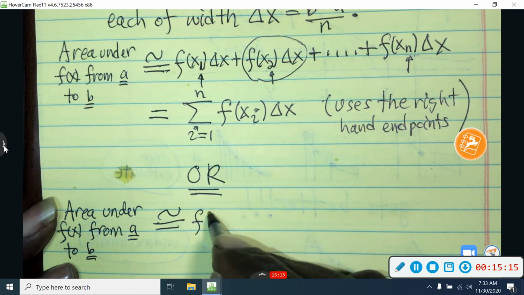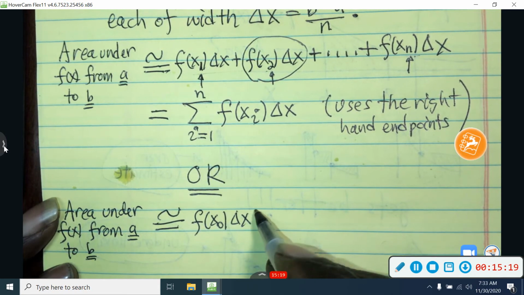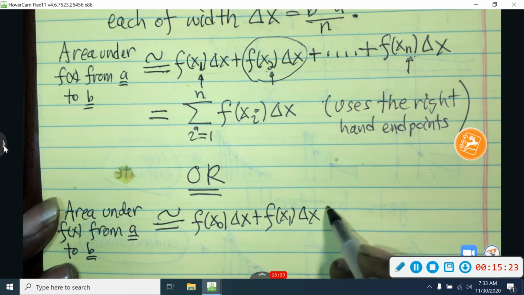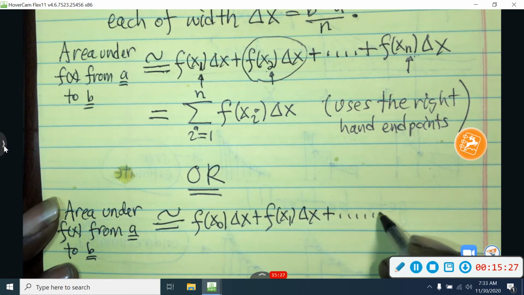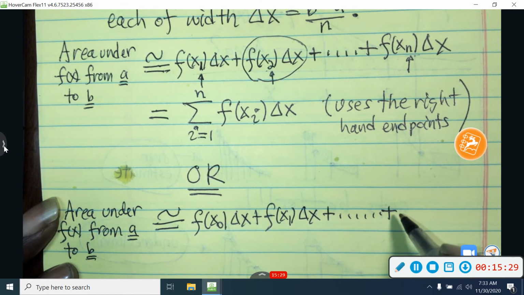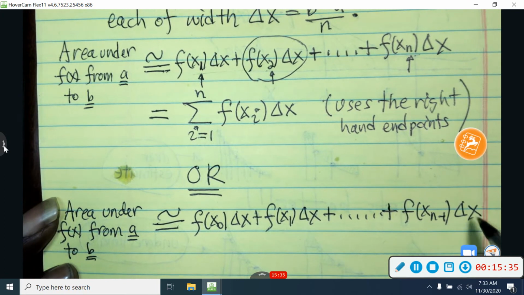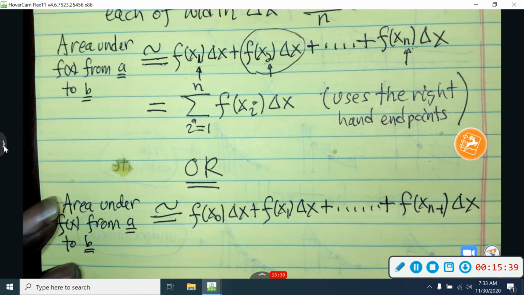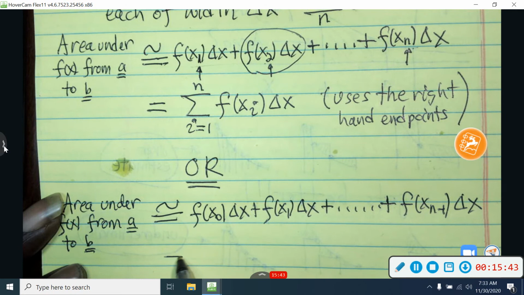So it'd be f of x0 times the change in x plus f of x1 times the change in x plus dot dot dot all the way till you get to the last one, which would be f of x n minus 1 times the change in x. And again, we can compactify this into summation notation.